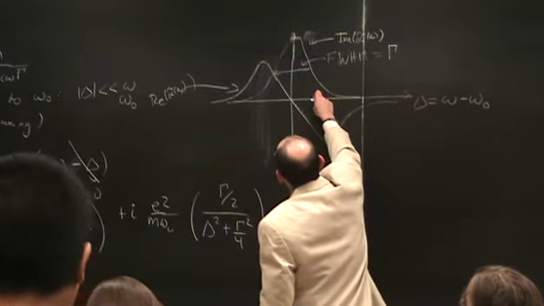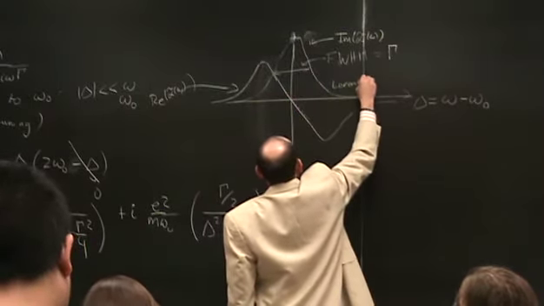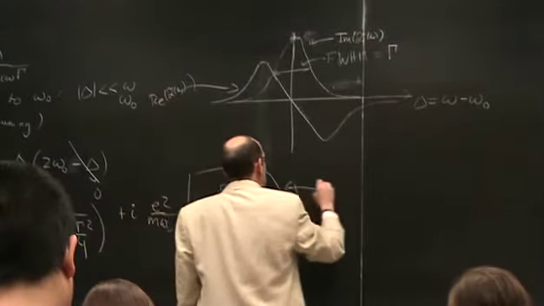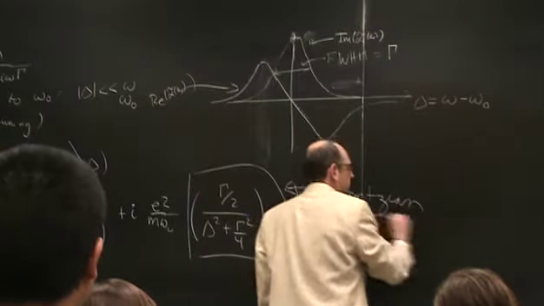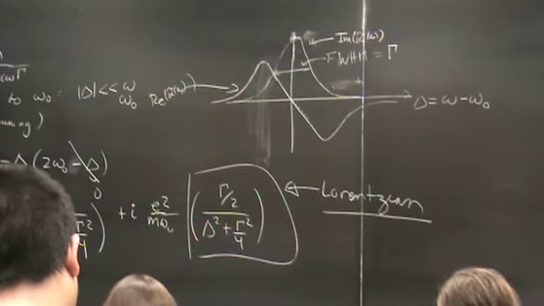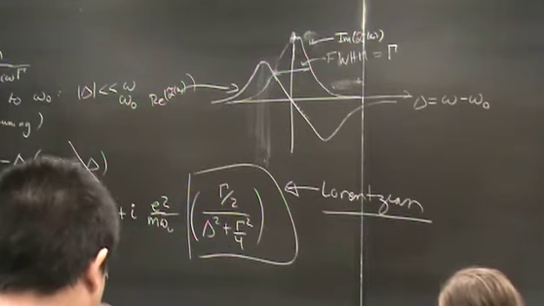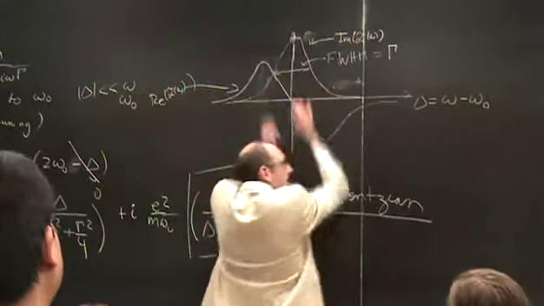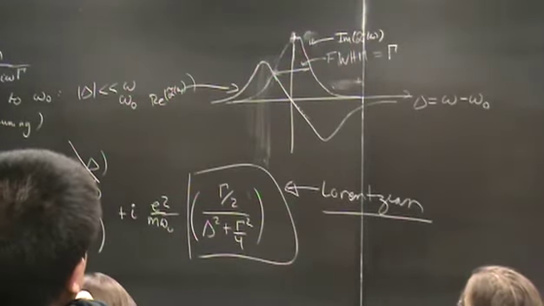The imaginary part here is a Lorentzian function. So this function here is known as a Lorentzian. All right. So this is why this is called the line width. This is the width of that absorption line.